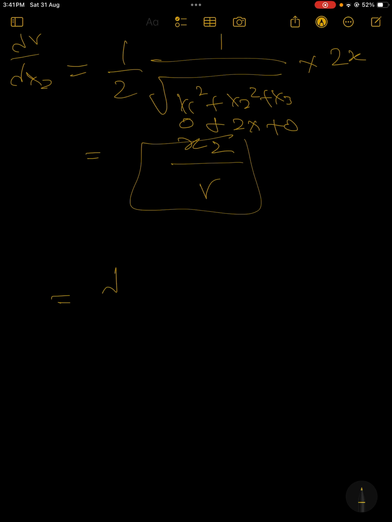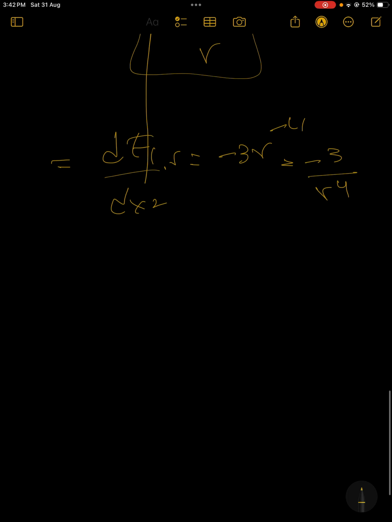Moving on again, df1 over dx2 equals minus 3 r to the negative 4, equal to minus 3 divided by r to the 4. Now we multiply it with r, as we said before, because we said df1 over dx1 is 1 over r cubed multiplied by r, the magnitude. You found the derivative of the magnitude, so it's going to be minus 3 over r to the 4 multiplied by x2 divided by r.